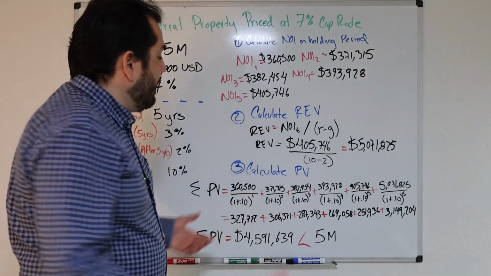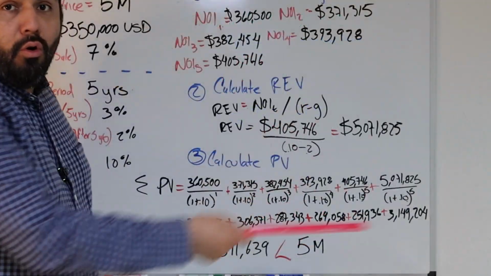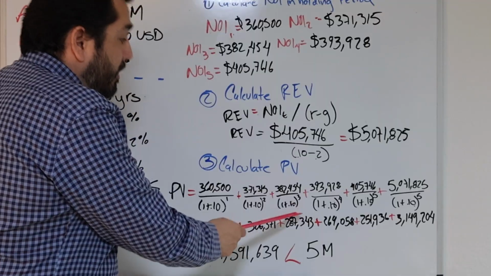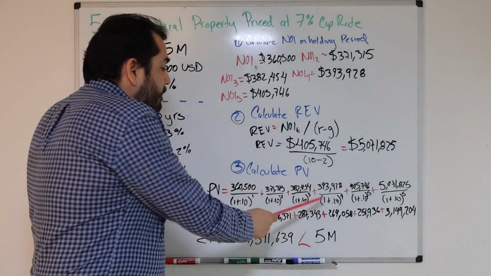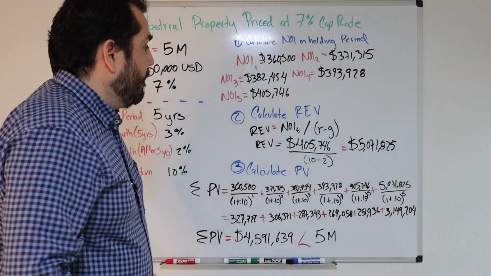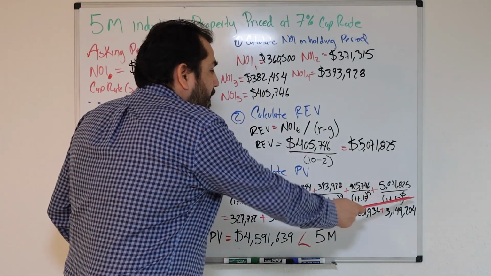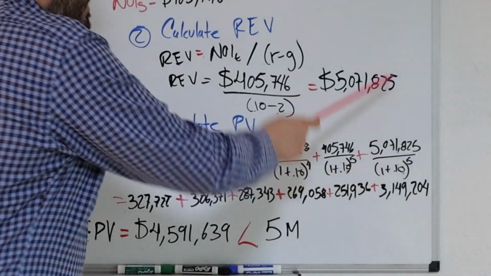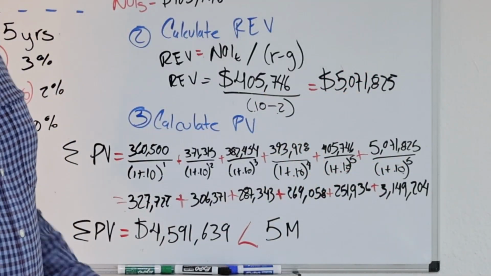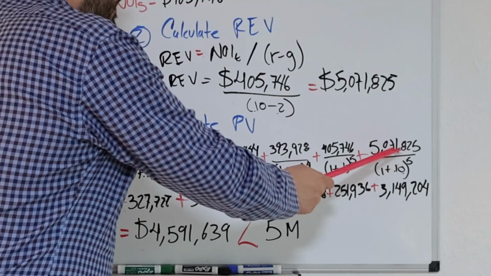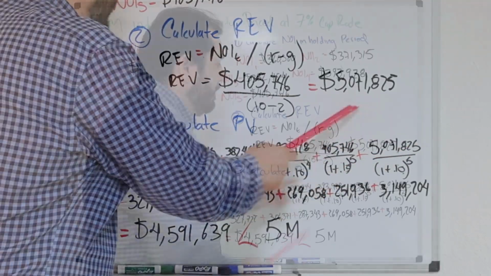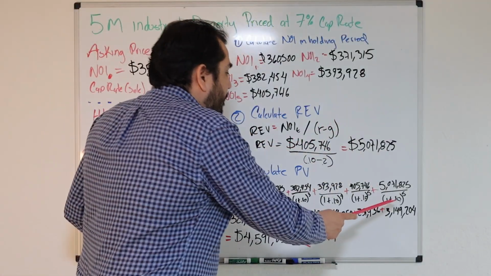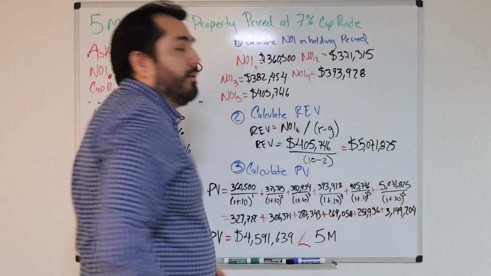We repeat this with all other cash flows. If it's in the third year, we raise it to the cube. And the same thing with the resale value, because the resale value is at the 5th year. So we divide the resale value, this number we calculated, by 1 plus 0.10 to the fifth.